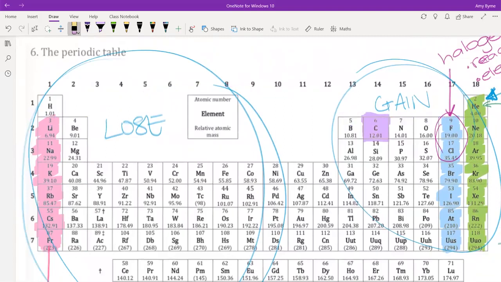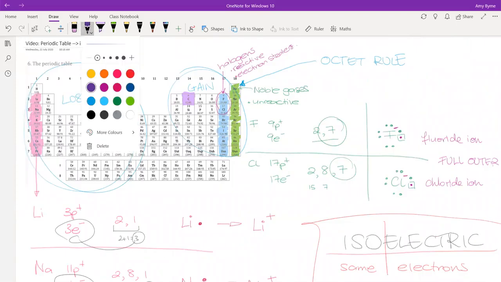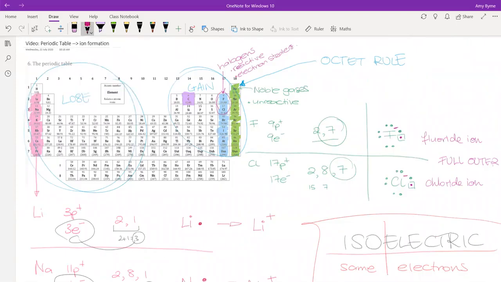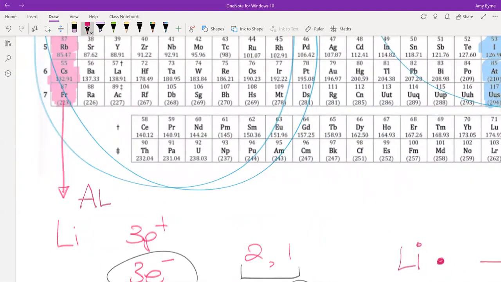Now, both of those require quite a lot of energy. So carbon actually gets its octet in a slightly different way to things like halogens and things like this pink group here, which are called the alkali metals.